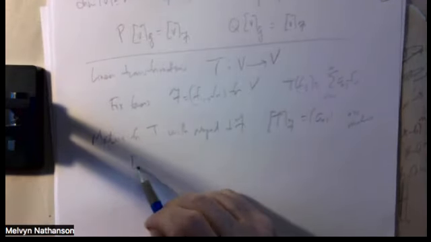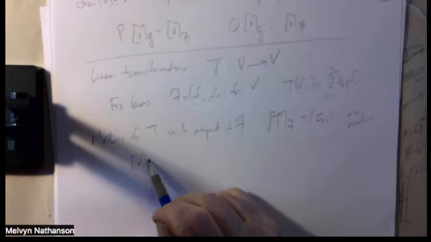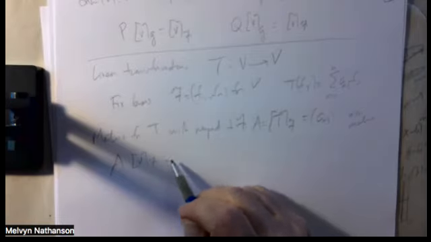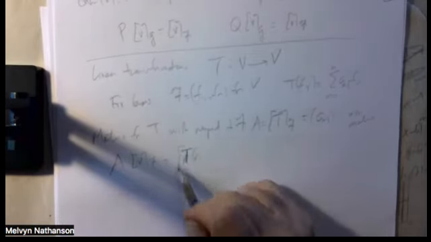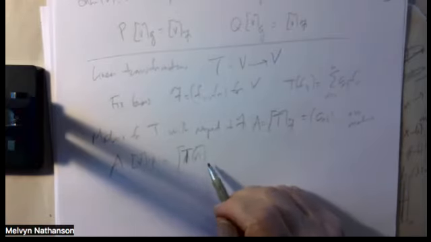And this has the property that if I take a vector V and take its coordinate vector with respect to F and multiply it by, let me call this matrix A, by A, I get the coordinates of T of V, the coordinate vector with respect to F.